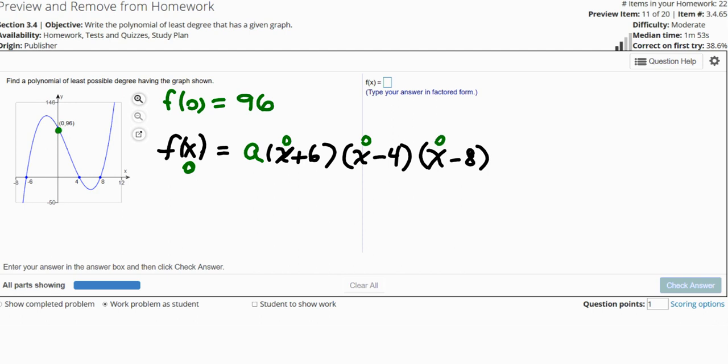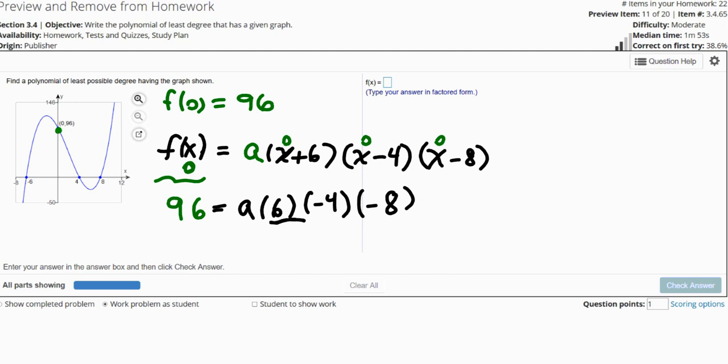And since whenever x is 0, the value of the function is 96, then I can solve for a. With this being simplified, 0 plus 6 is 6, 0 minus 4 is -4, and 0 minus 8 is -8.